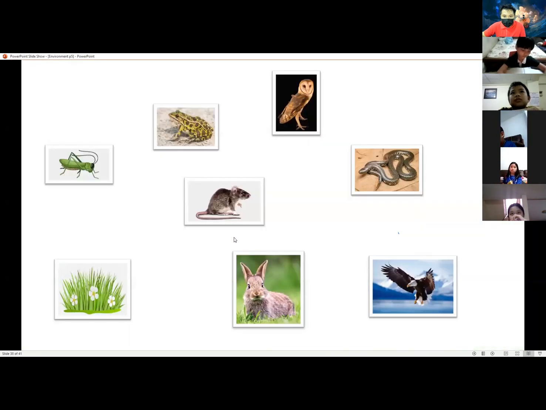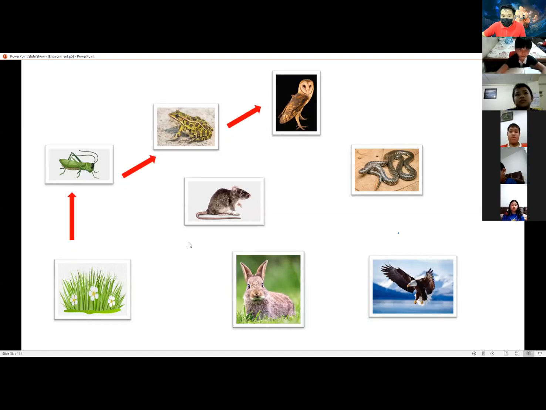Okay. So here, let's answer this. Grass, grasshopper, frog, owl, rat, rabbit, eagle, and then snake. What's the first one here? Grass, grasshopper, frog, owl. Okay. Next. Grass, rat, and snake.